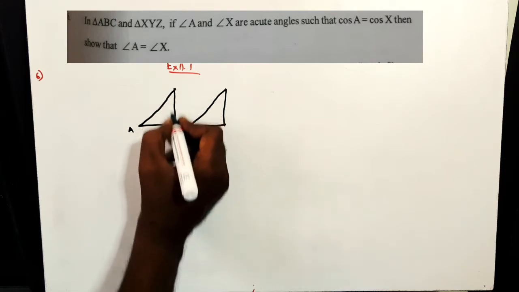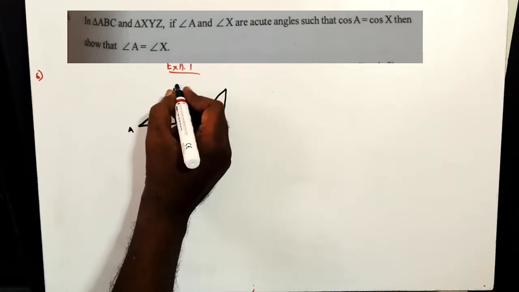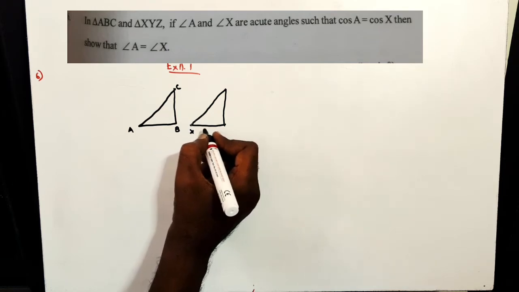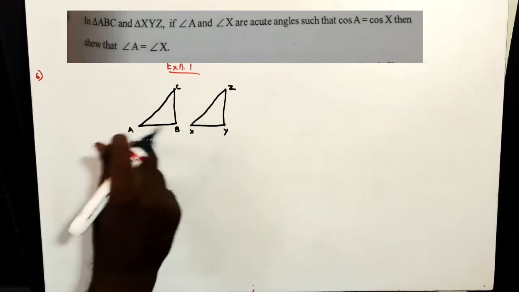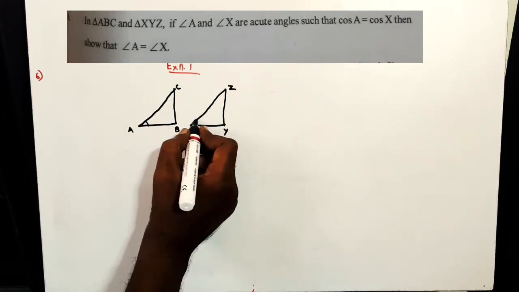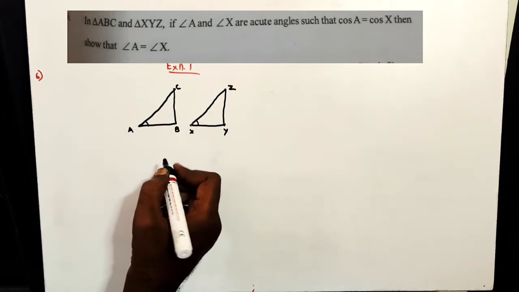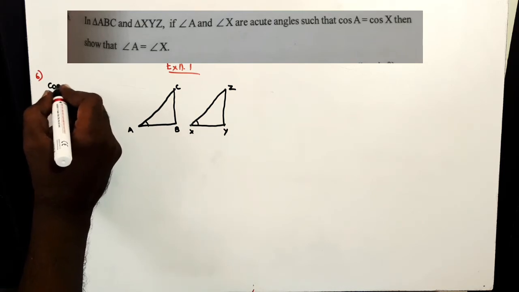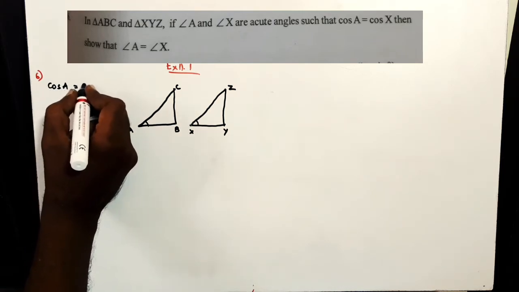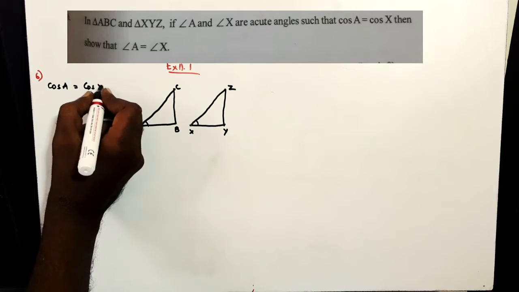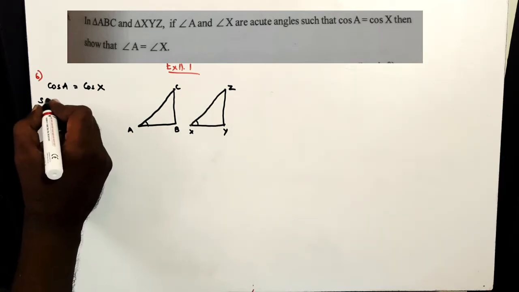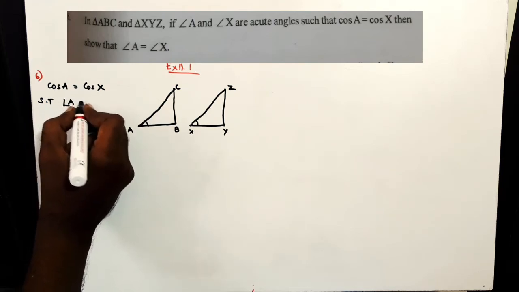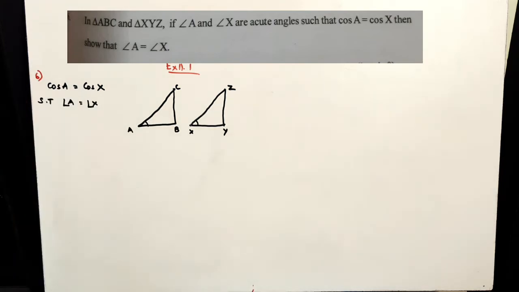He said angle A and angle X are acute angles and cos A is equal to cos X. Then show that angle A is equal to angle X.